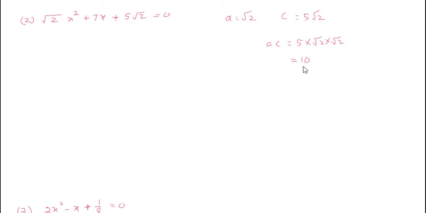We have to find two factors of 10. When you multiply, you will get 10, and when you add, you will get 7. Just like the previous example, this is also 5 and 2, but here since all the terms are positive, we have to take plus 5 and plus 2.